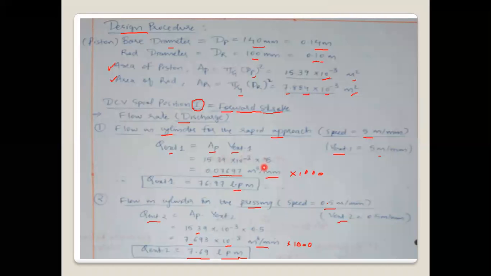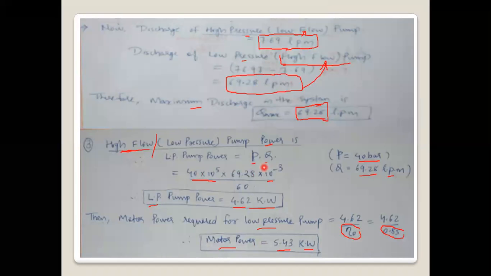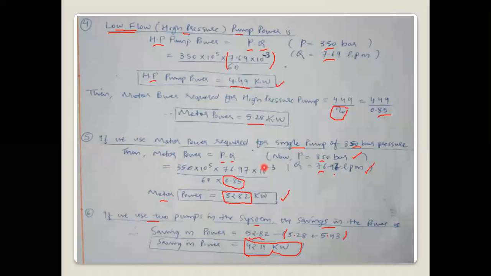Then the design procedure to calculate the flow rate for rapid approach, then press approach, the maximum discharge, the low pressure pump power and the high pressure pump power. We also compared using a single pump instead of two pumps. In that case the motor power is 52.82 kilowatts, but when we use two pumps we make a saving of around 42.11 kilowatts.